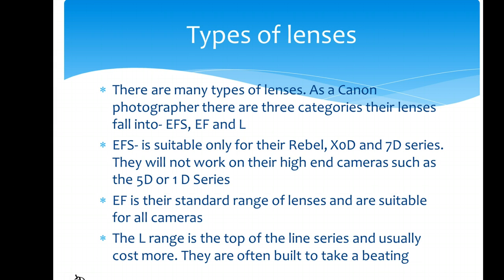So what do those lens types mean? Well, the EFS lens is suitable only for the Rebel series, the XXD, for example, the 60D, and the 7D series can use them. The next is the EF series, which all the cameras can use, and then the top of the line for Canon is their L lenses.